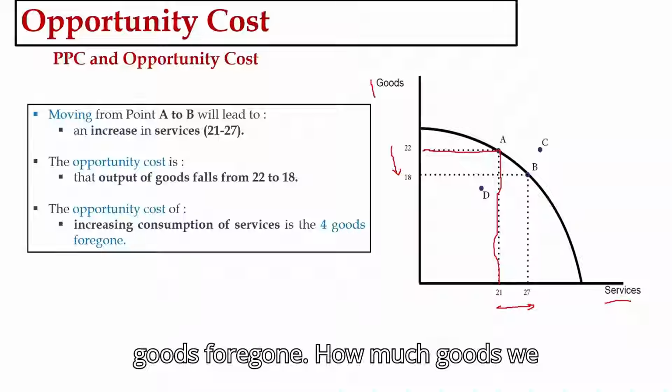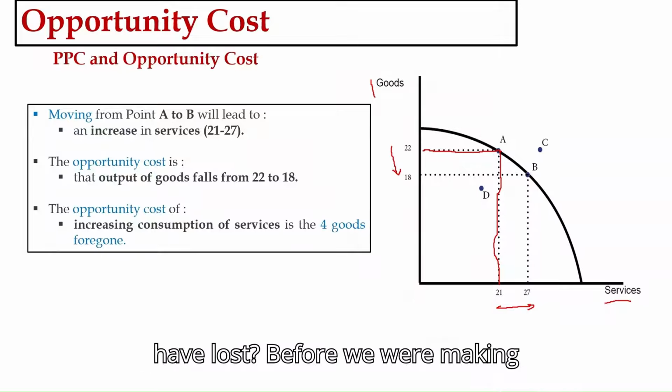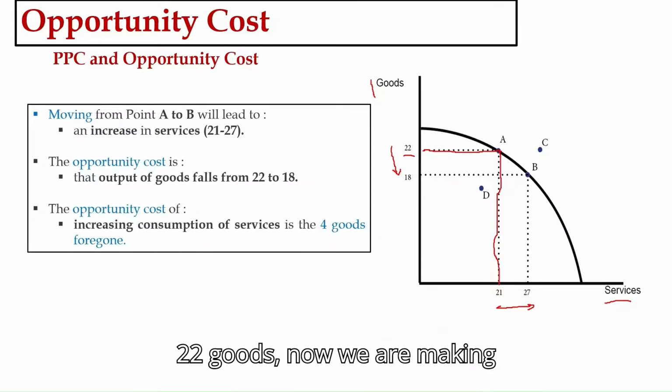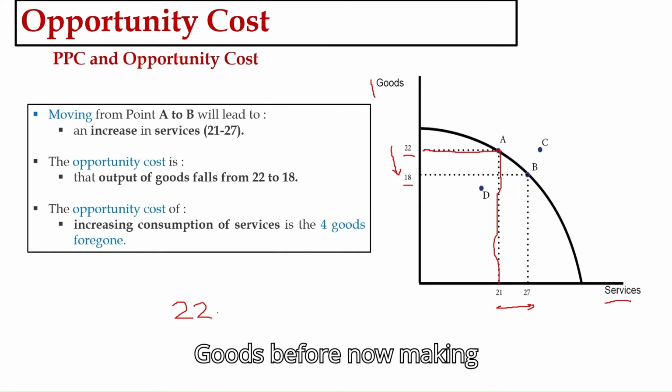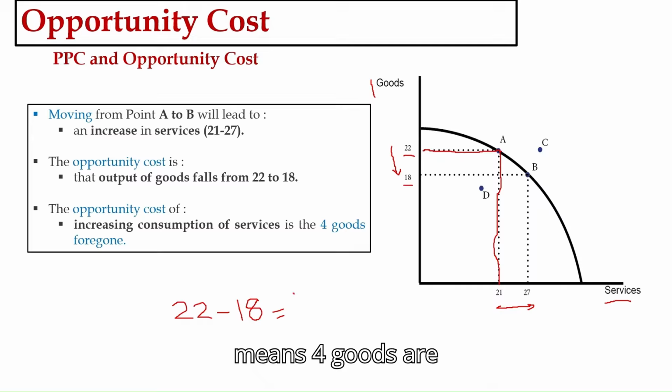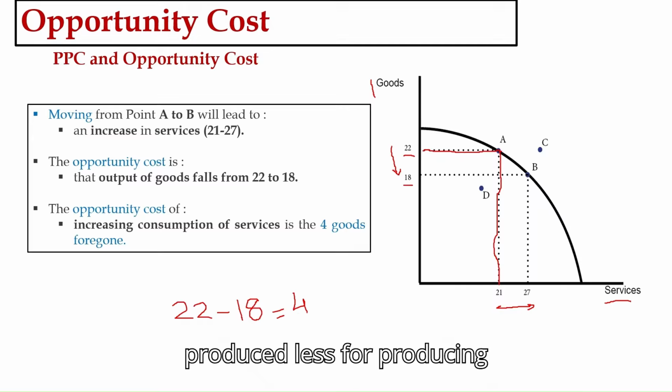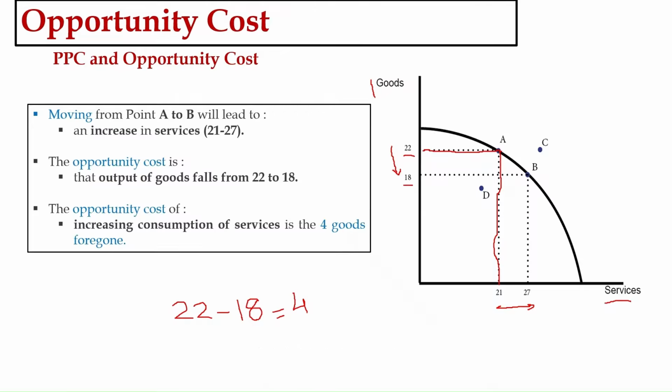How many goods have we lost? Before we were making 22 goods, now we are making only 18 goods, which means 4 goods are produced less for producing more services.